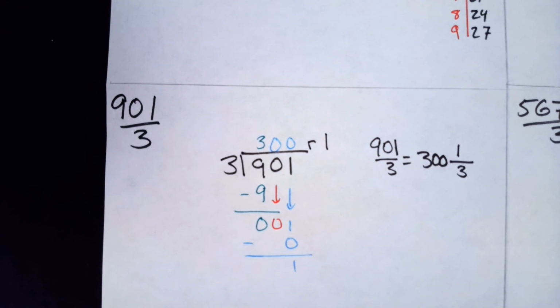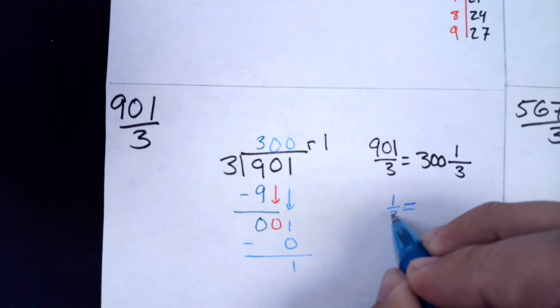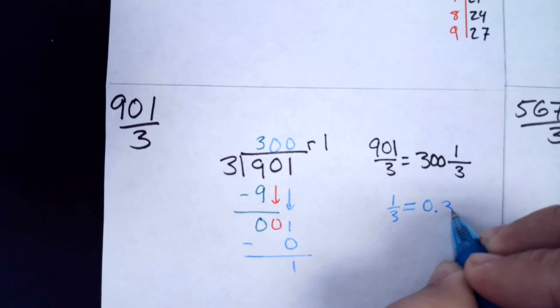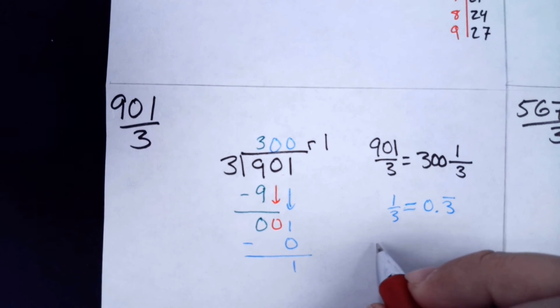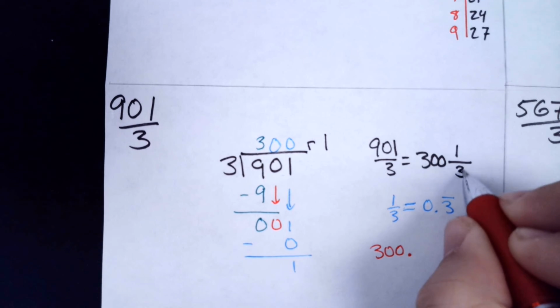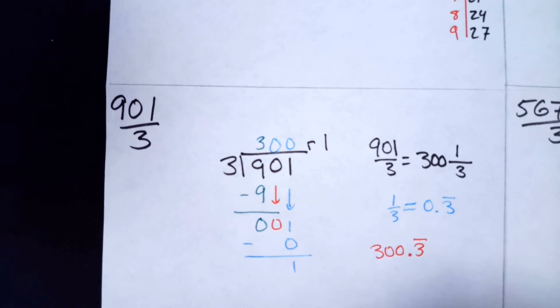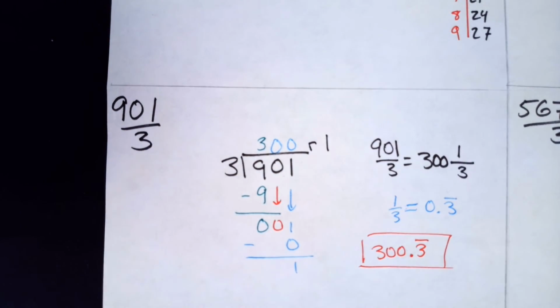Now, you may also remember, and this is one we can just memorize, 1/3 is exactly the same thing as 0.3 repeating, or 0.33. So we get to say 300 plus we're going to add on this 1/3. That's right there. There's our answer in decimal form.